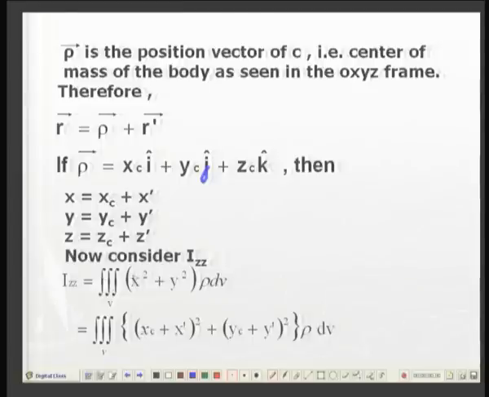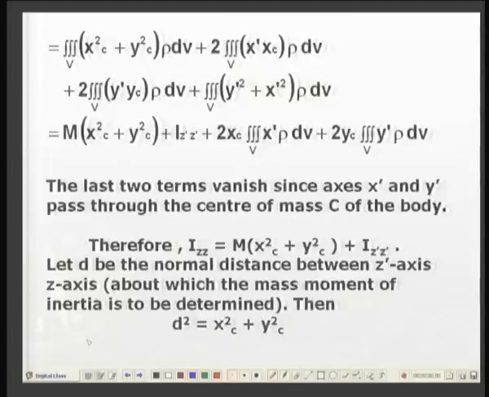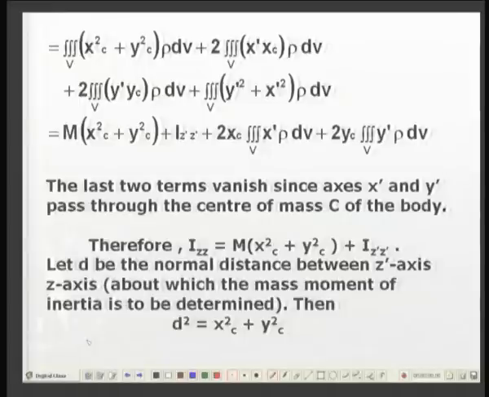Now substituting for x and y from this equation, we have xc plus x dash whole square plus yc plus y dash whole square, rho dV integrated over the entire volume. And now we expand the squared brackets.